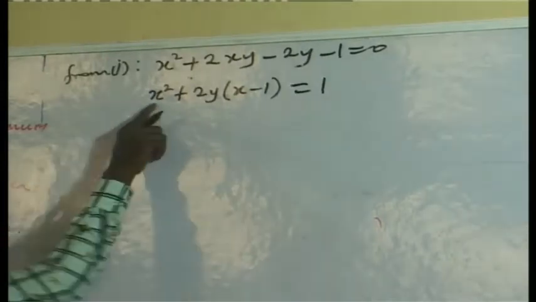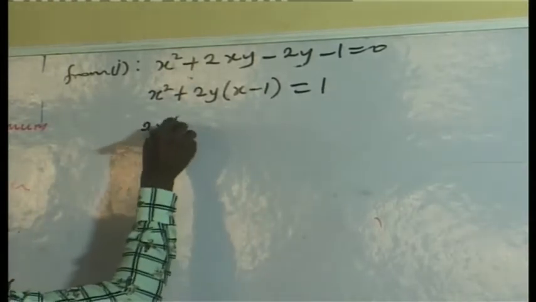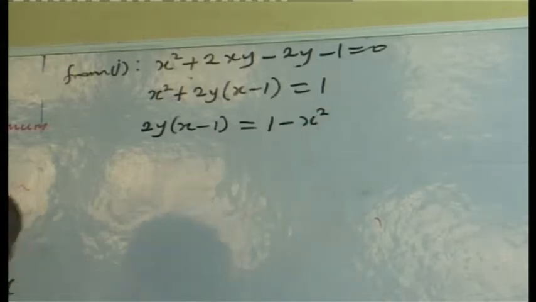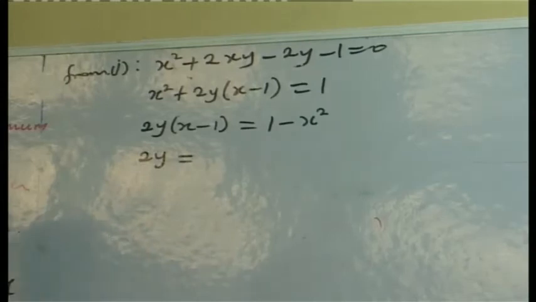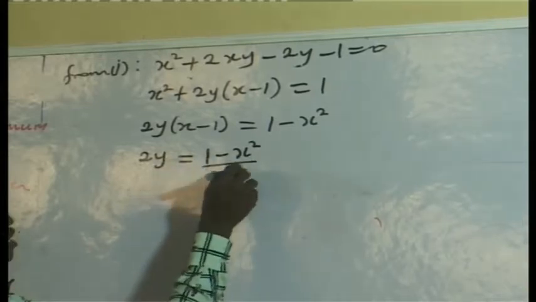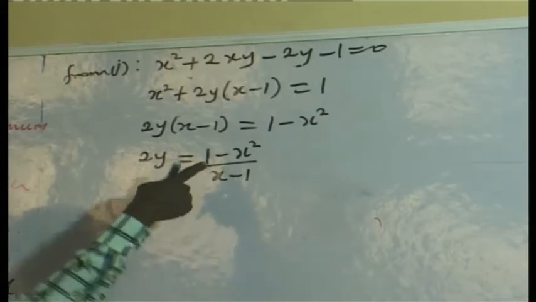Then I can take this x squared to the other side. I will now get 2y into (x minus 1) is equal to 1 minus x squared. My aim is to make y the subject of the formula. I get 1 minus x squared over x minus 1. Then my 2y can be equal to, look at this.